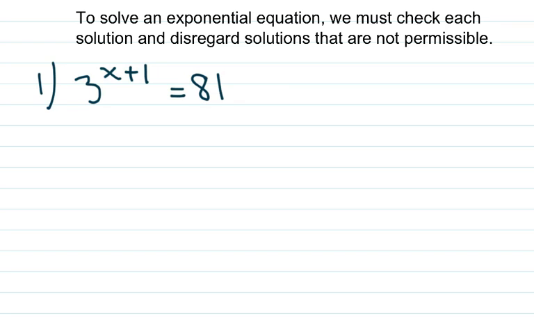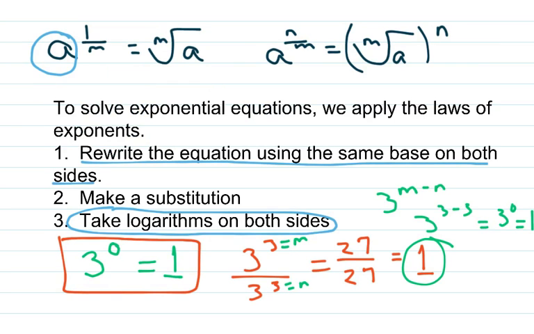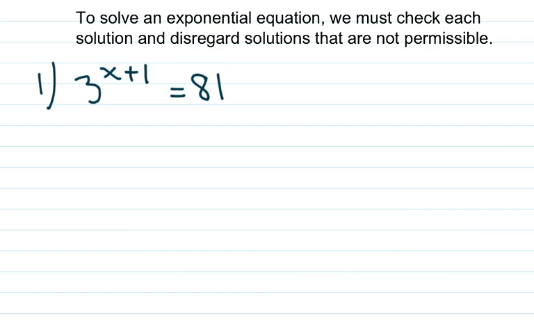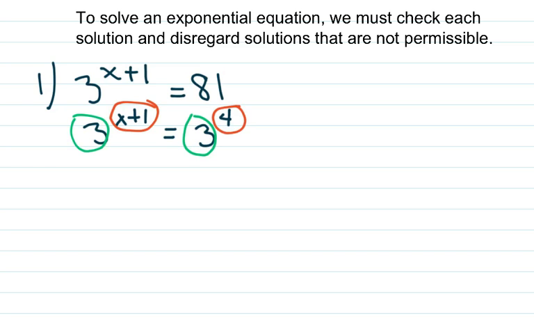Okay, from what we did on our previous page, we're going to rewrite the equation using the same base on both sides. So we should know that 81 can be written as 3 to the 4th. So 3 to the x plus 1 equals 3 to the 4th. Since my bases are the same, I can simply take my powers and set them equal to each other.